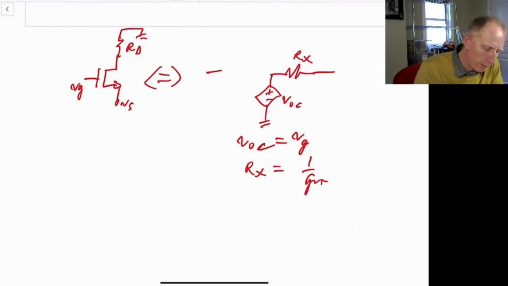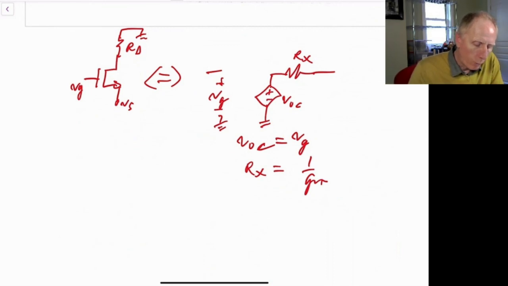VOC is equal to VG, the input gate voltage.